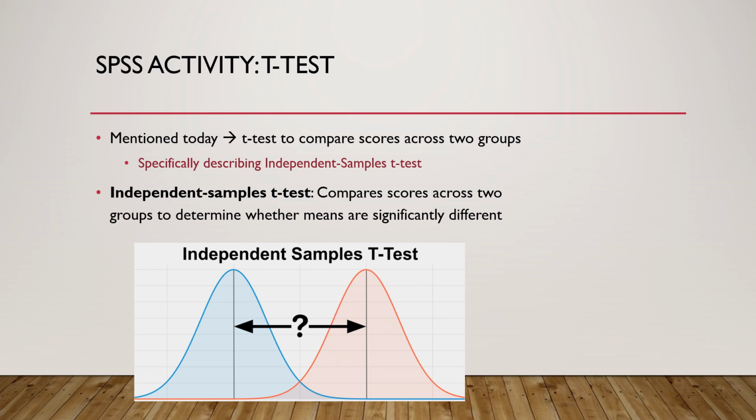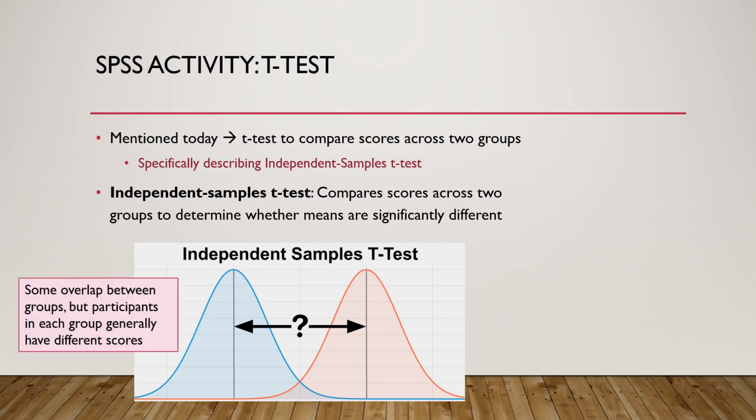And what you're trying to find out is that overlap between these two groups, is that significant, or are those groups significantly different? Is the gap between those means, where the question mark arrows, is that significantly different? Again, even if there is overlap, and there's always going to be some overlap, there are going to be lower scores in the red and there's going to be high scores in the blue.